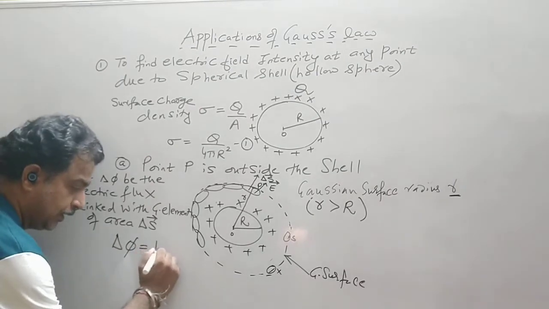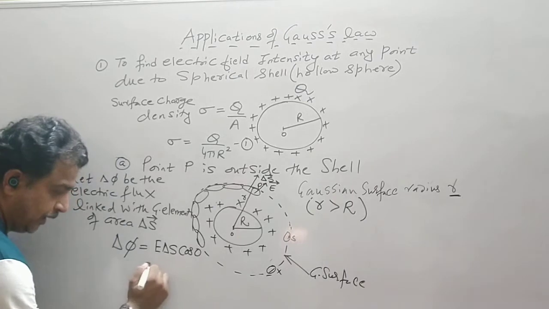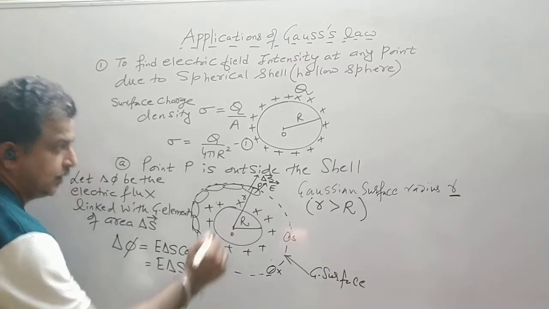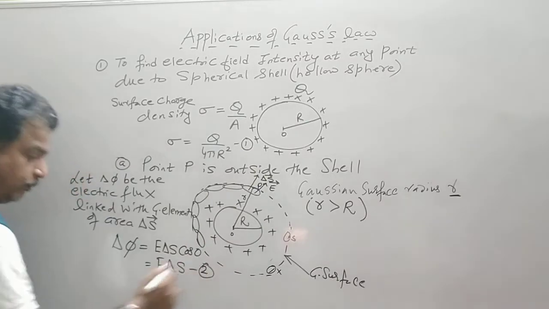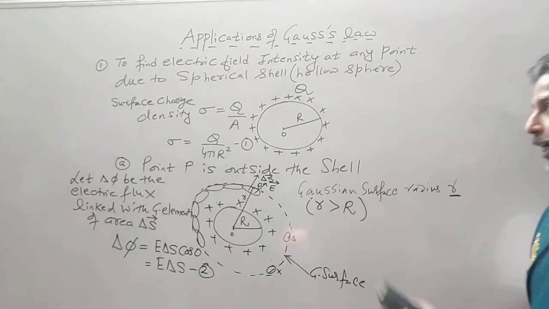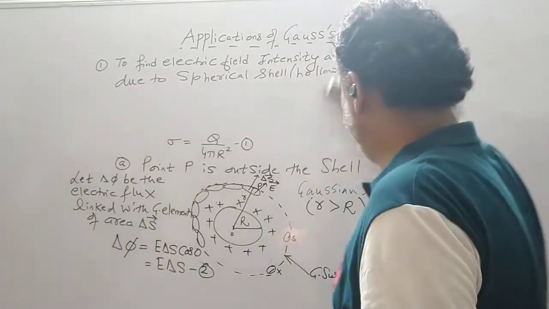So it becomes E delta S cos 0, that is 1. So we have E delta S. This is equation 1, say this is equation number 2. Now this is the flux which is linked with a small element.